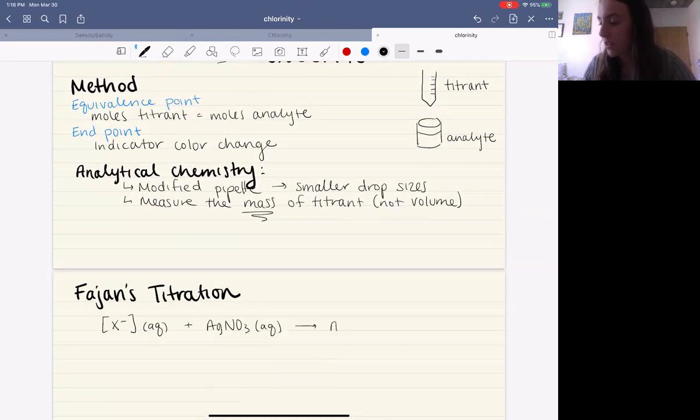And that's going to cause a precipitate to form. Okay, so note that this is our analyte and this is our titrant.